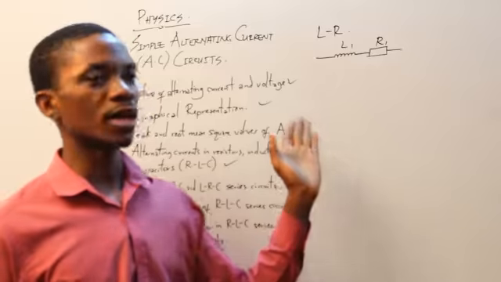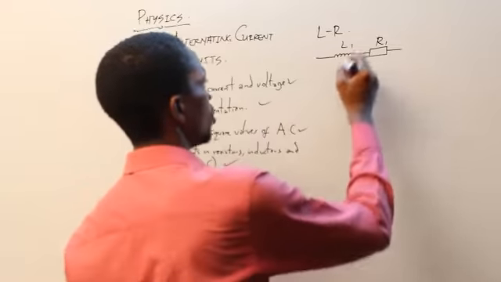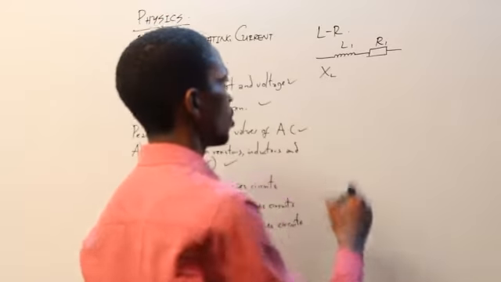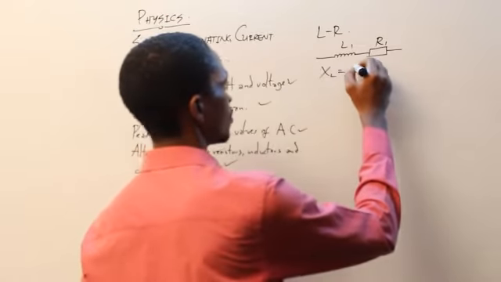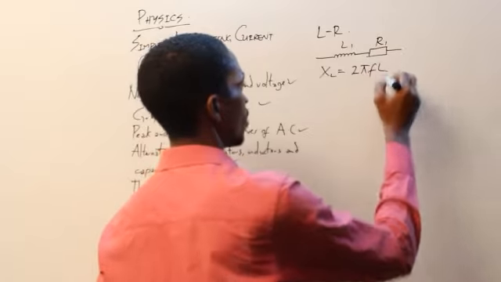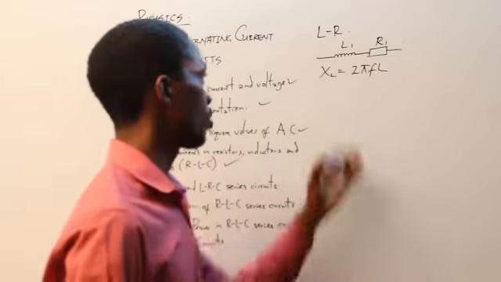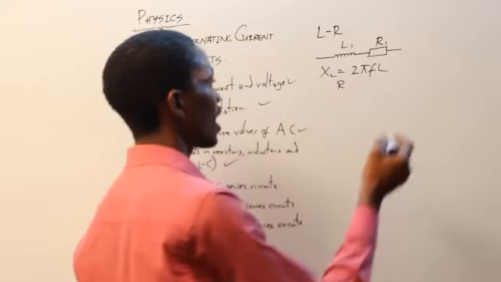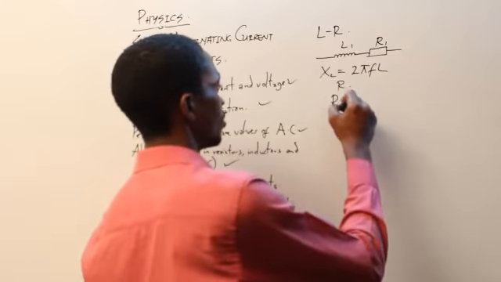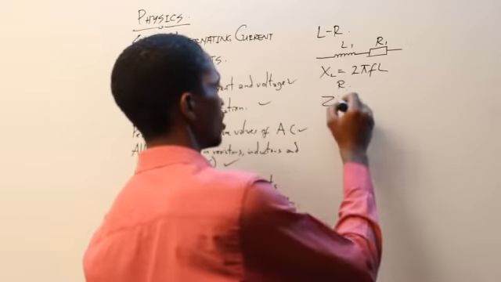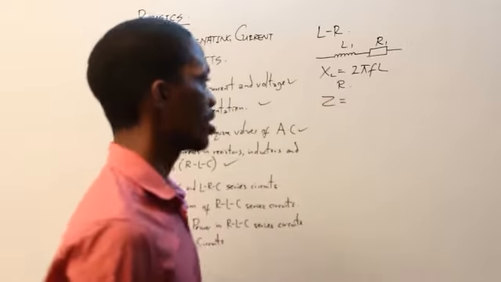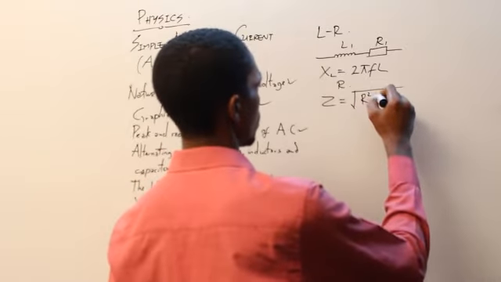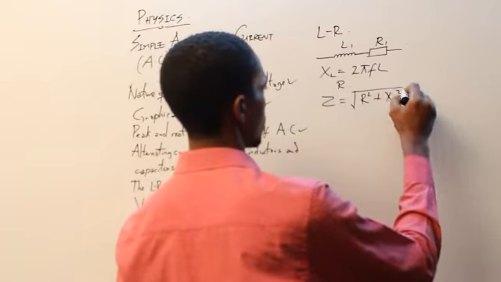Thus, we calculate the reactance of the inductor, which we gave the formula earlier as 2 pi FL. We also calculate our resistance, and then we can add them together. The total impedance, that's Z, will be equal to the square root of R squared plus the reactance squared.